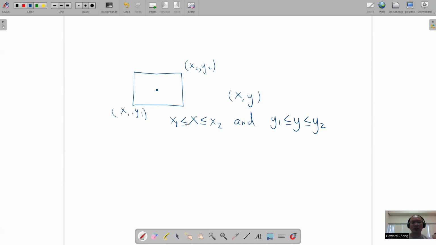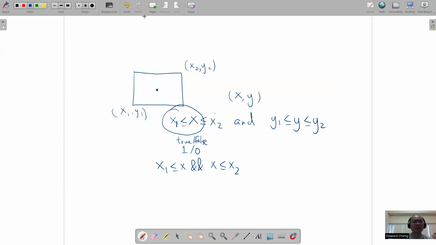Now, of course, when you write this, you cannot write it this way because this is a binary comparison. It will return true or false, which will also be converted to 1 and 0, and then they will be compared to x2, which is nonsense. So what you have to do is write each of these separately.